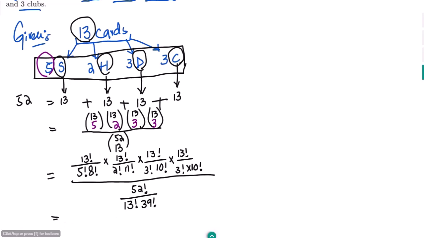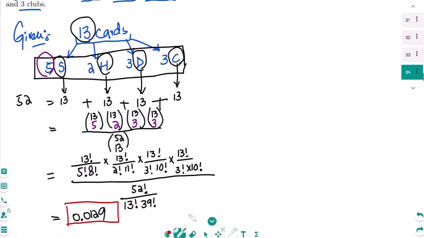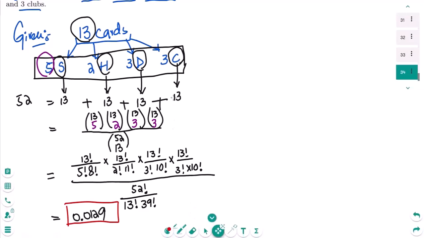Okay. So solving it and then finding the answer of it, what we will get is 0.0129, and that is basically the solution of our question, what we were solving in this video.